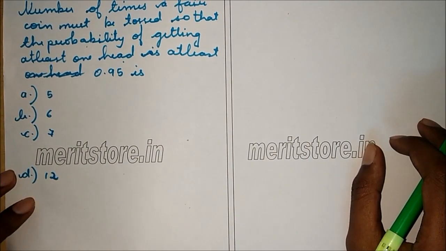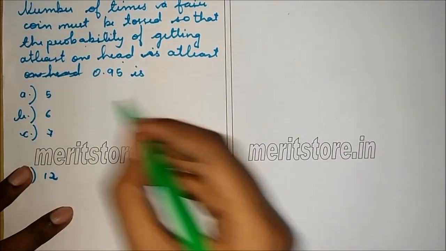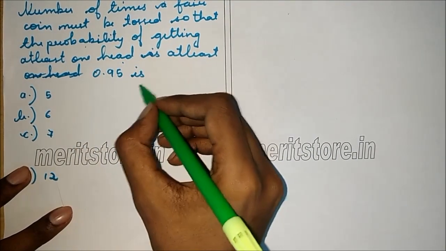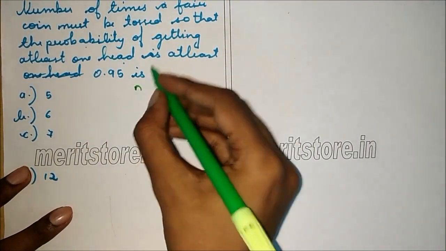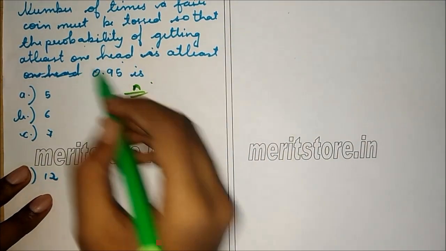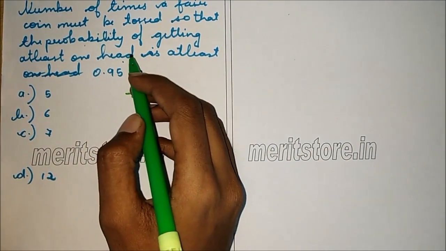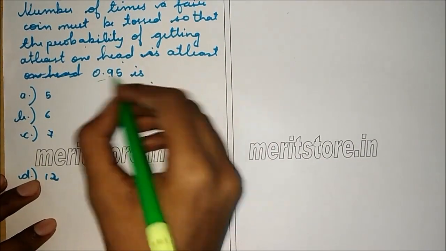Next question: the number of times a fair coin must be tossed so that the probability of getting at least one head is at least 0.95. So let the number of tosses be n. The condition is that the probability that we get at least one head should be at least 0.95.